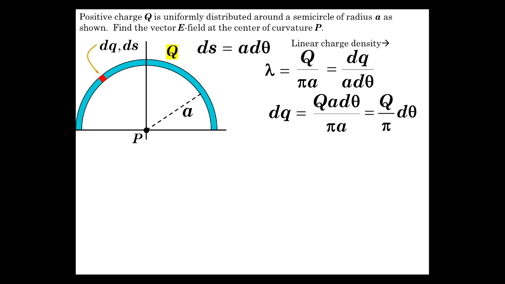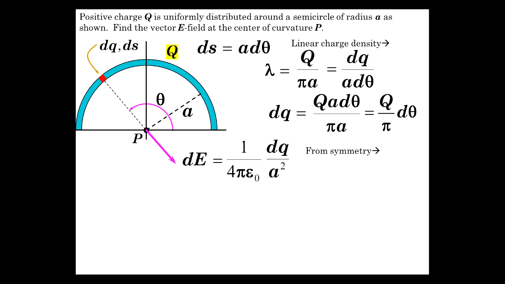That gives us q over pi d theta, since the a's go away. Now, let's look at the E field produced by this dq at P. We know it's pointing directly away, as shown, and the differential electric field is k q over r squared. Well, q is dq, and the radius is a squared, so that's simple enough.